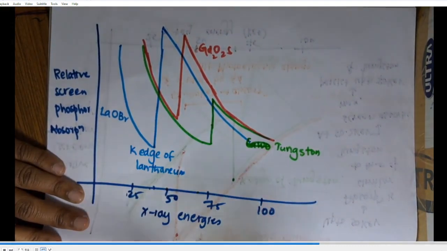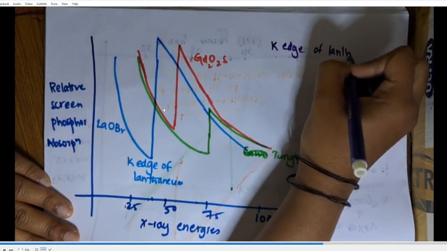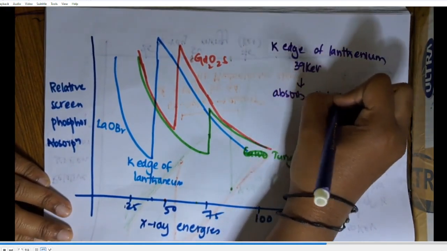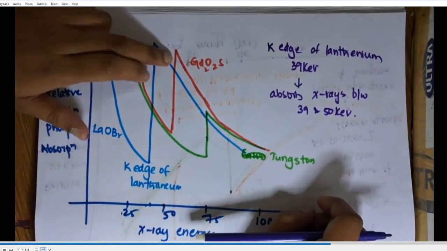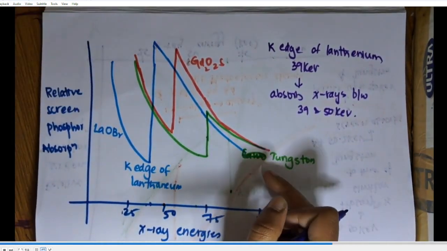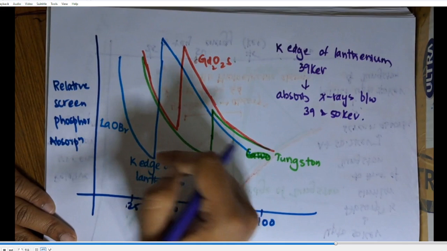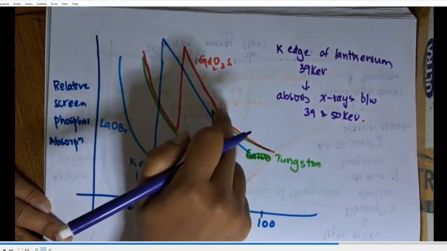Because the K-edge of lanthanum oxybromide is 39 kilo electron volts, it absorbs X-rays between 39 and 50 kilo electron volts, and thus it closes the window between 39 and 50 kilo electron volts, because most of the diagnostic X-rays are below 50 kilo electron volts. So this lanthanum is most useful in diagnostic radiology.